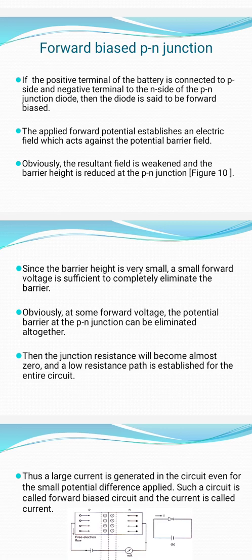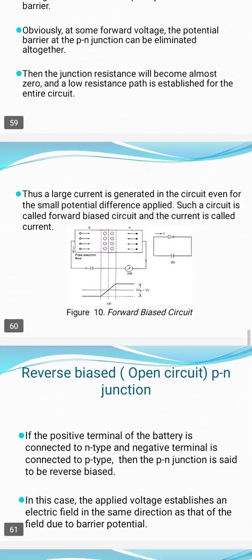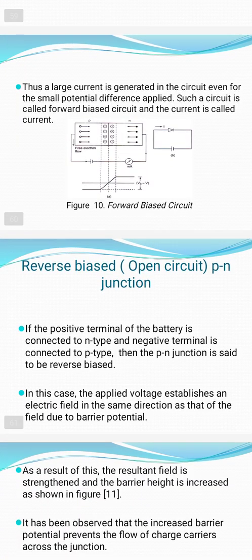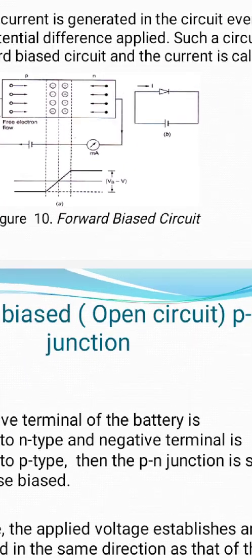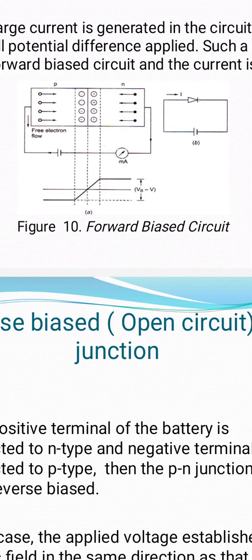What is forward bias? See here, figure 10, the forward bias circuit. We have a p-type semiconductor on the left, an n-type semiconductor on the right, and the PN junction in the middle. We have a battery in the circuit and also a milliammeter. The p-type semiconductor is connected to the positive terminal of the battery, and the n-type semiconductor is connected to the negative terminal.